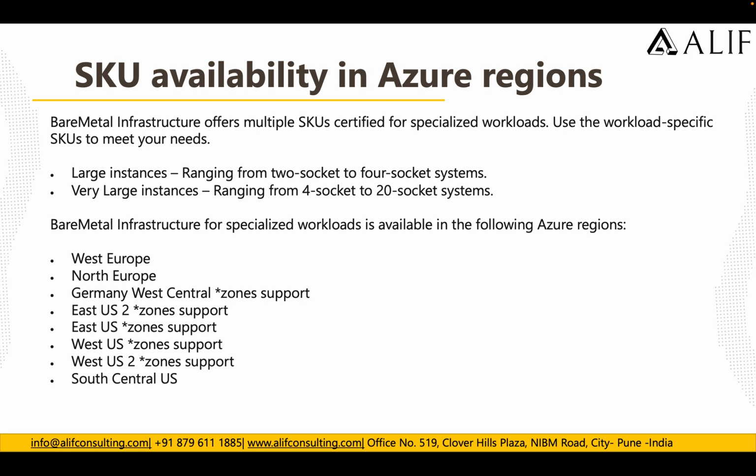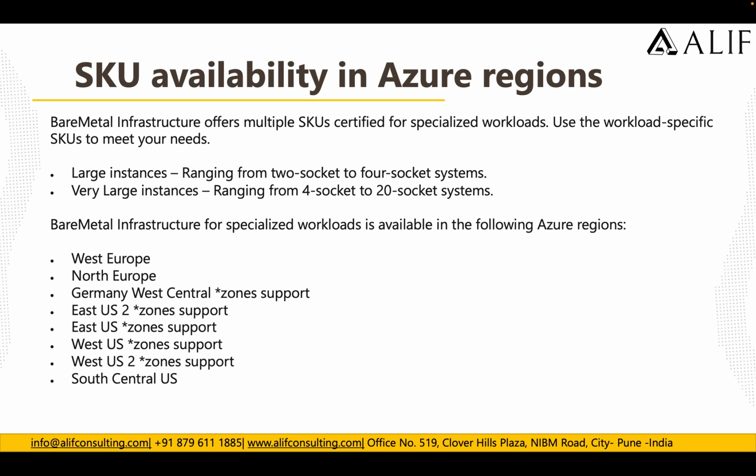Now the SKU availability. Bare metal instances offer multiple SKUs certified for specialized workloads. We have two types of SKUs: the large instances and the very large instances. The large instances range from 2 socket to 4 socket CPU systems. The very large instances range from 4 socket to 20 socket CPU systems.